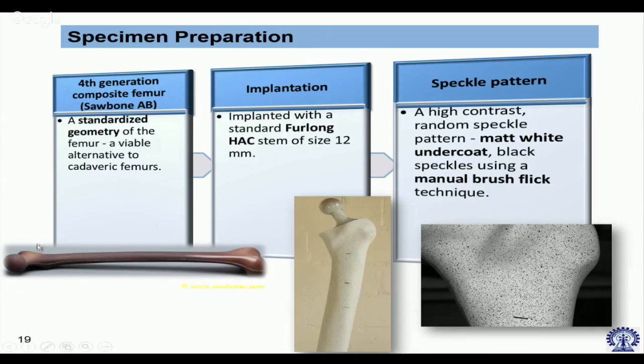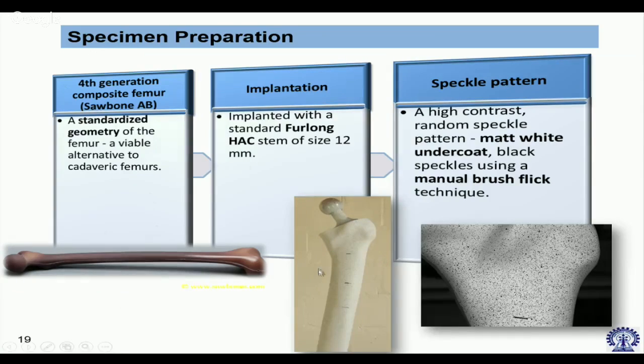Okay, you can see here. And then we implanted it with a Furlong HSC stem. This was done by Southampton General Hospital for us, and made ready for the testing as a part of the UK-India collaborative project with Southampton University.